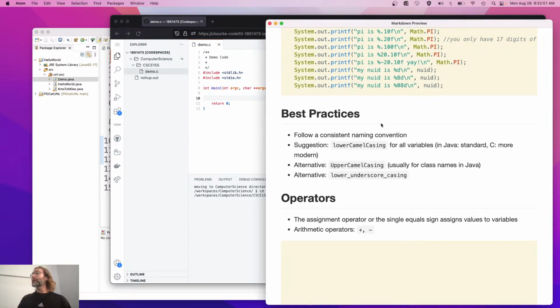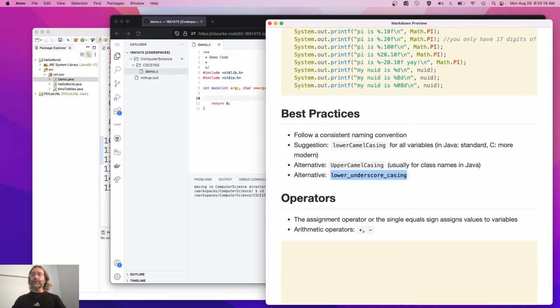Ultimately, though, what we're looking for is a consistent naming convention. If you want to use the old school underscore convention, that's fine. Do it everywhere. I don't want to see one variable with one style, and then later in the same program, a similar variable with a completely different styling.